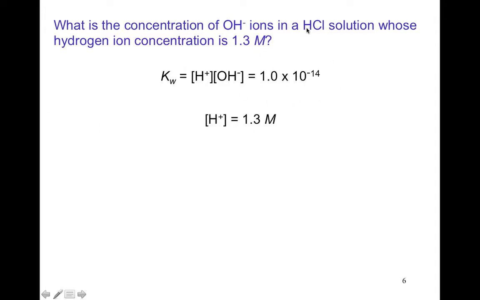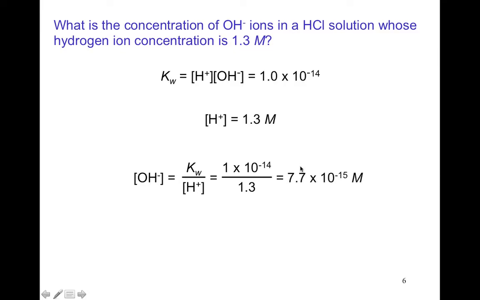We know that our hydrogen ions from a strong acid is 1.3 molar. You can rearrange this formula to solve for the hydroxide ion concentration. It's 1.0 times 10 to the negative 14 divided by 1.3. Excuse me, you get 7.7 times 10 to the negative 15th molar. That's the OH minus concentration, and that's what the problem asked you for.